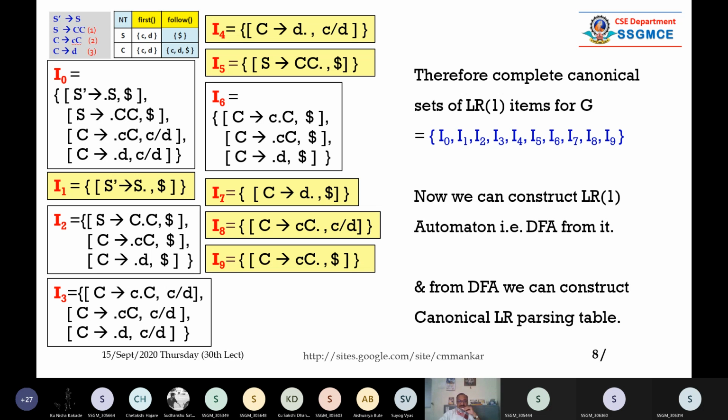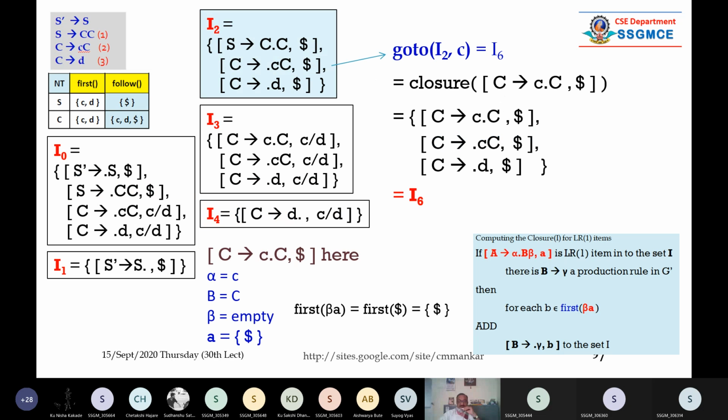What we are doing is actually shifting this dot one place ahead. In this way, we are getting some transitions on GOTO. GOTO is an algorithm. So for example, here I am choosing the I2 set. The I2 set contains 3 production rules, and it has only one lookahead symbol, dollar.